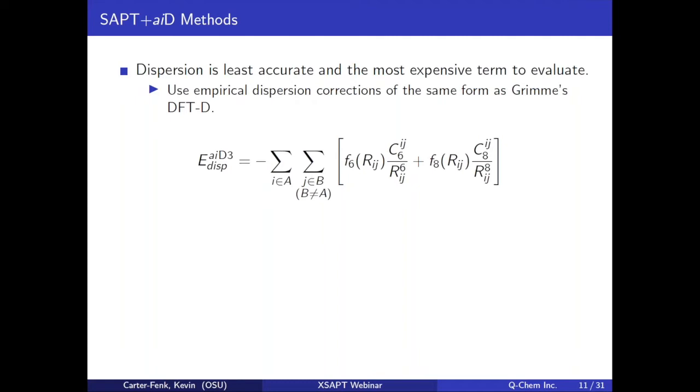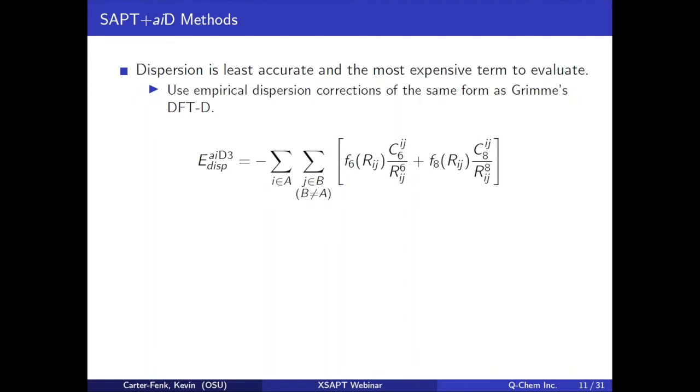So instead of looking to correct the long-range part of density functional correlation, we are looking to use this empirical dispersion formula to capture the SAPT dispersion interaction, and that leads to some significant differences between Grimme's DFT-D dispersion and the SAPT dispersion.